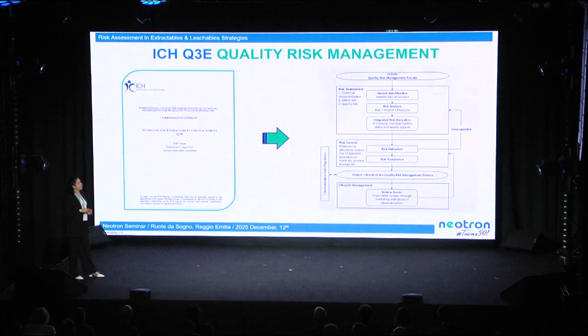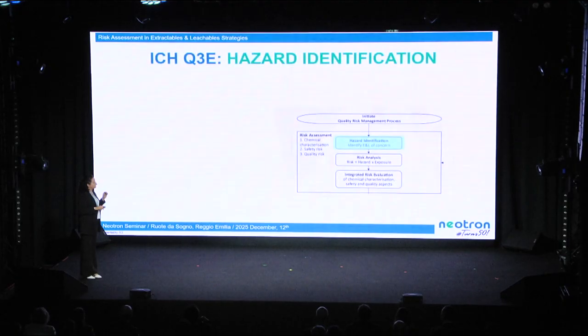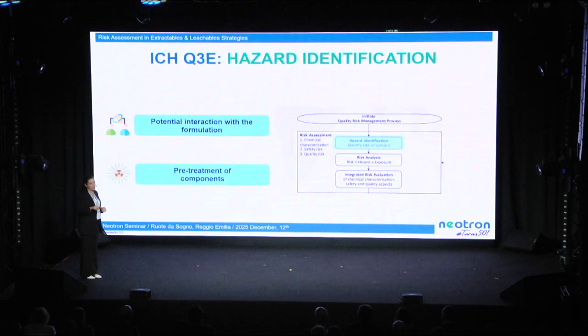So we can see that the risk management is divided into three main parts: the risk assessment as the first part, the risk control with the risk reduction and the risk acceptance, and finally the life cycle management. But looking specifically at the risk assessment, we have three different topics to talk about.